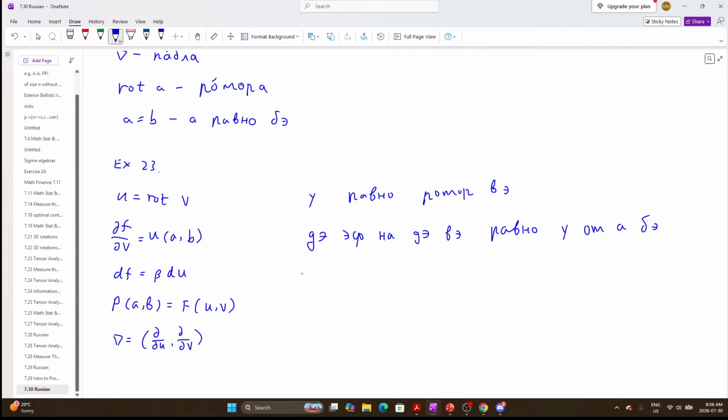Next up, df equals beta du. df равно beta du.